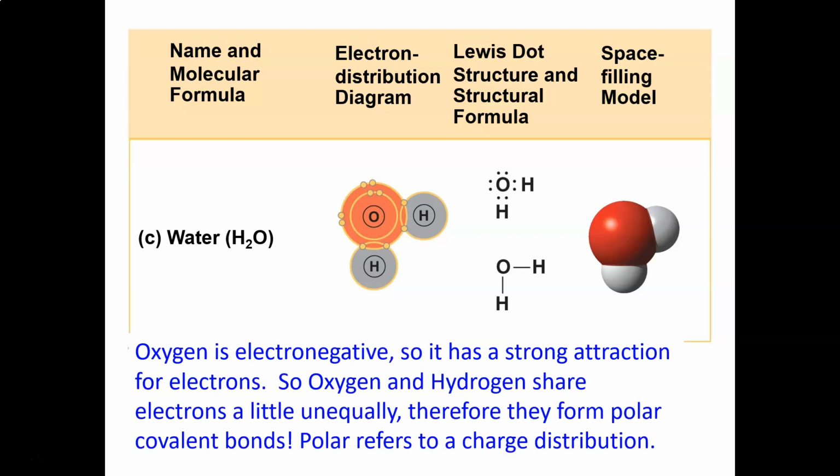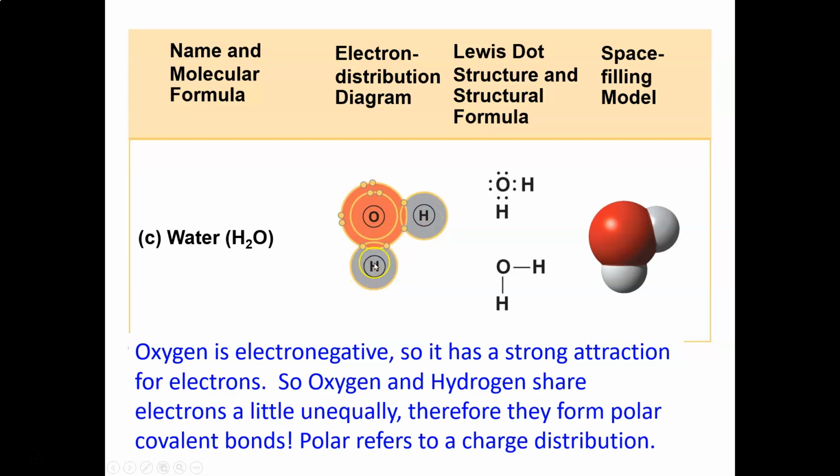The problem is oxygen is very electronegative compared to hydrogen, and it has a strong attraction to the electrons. So when hydrogen shares its electrons with oxygen, we're more likely to find an electron around oxygen than we are hydrogen. Okay?